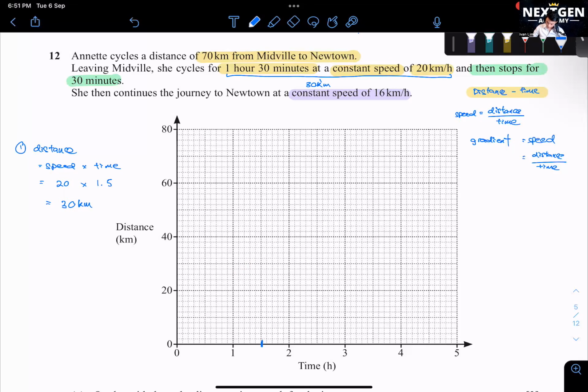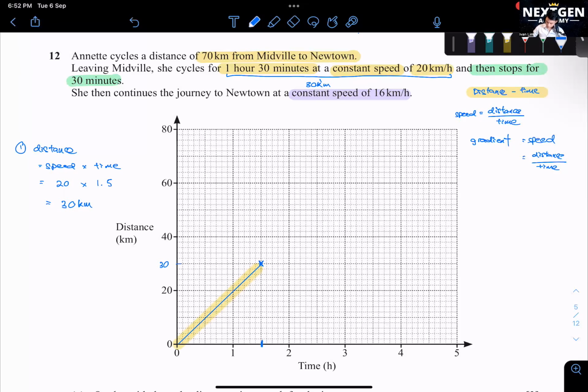So it's until 30 kilometers, until over here. You draw a line from 0 to 30 kilometers. This part here is 30 kilometers. That's the first part. Then she stops for 30 minutes. This is the yellow part.